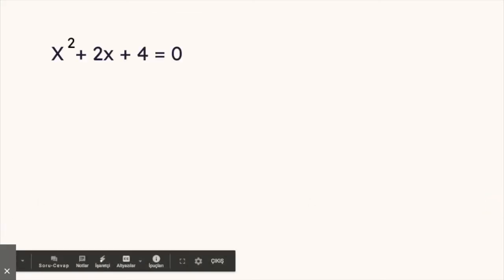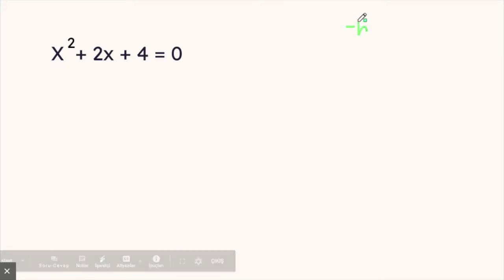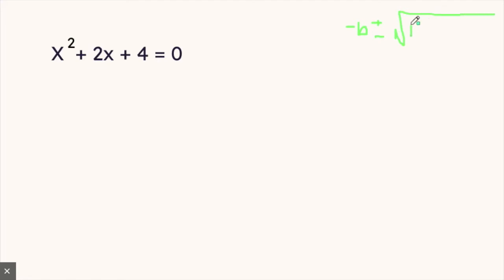Now let's do an example. Our quadratic formula was negative b plus minus square root of b squared minus 4ac divided by 2a. And you have to memorize this formula if you get questions that ask for solving using the quadratic formula.